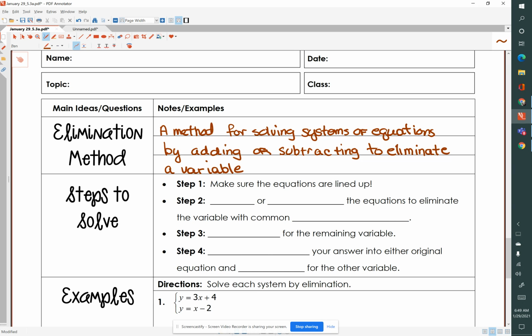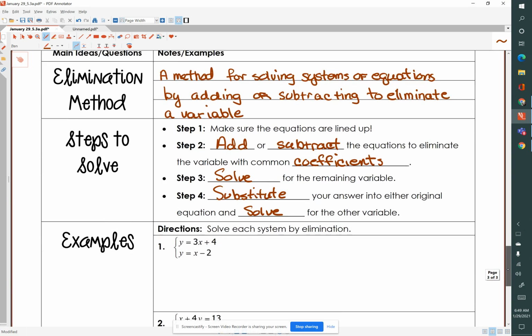Okay, so make sure the equations are lined up. Then add or subtract the equations to eliminate the variable with the common coefficient. Coefficient is the number that the variable is being multiplied by. Then we're going to solve for the remaining variable and then substitute your answer into the original equation and solve for the other variable.